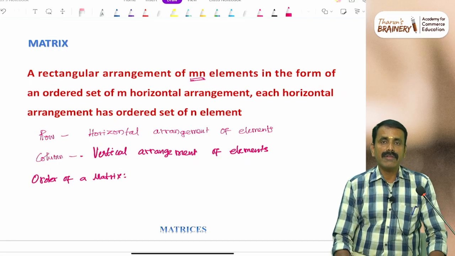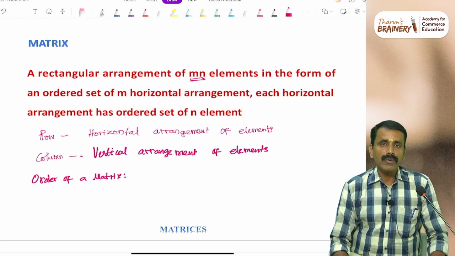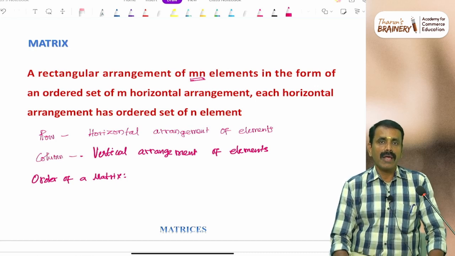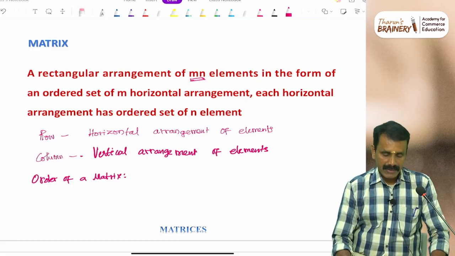Now, with this introduction of row and column, we define the order of a matrix. Order of a matrix is defined as the number of rows and number of columns it has. How many rows the matrix has and how many columns the matrix has will describe the order of the matrix.